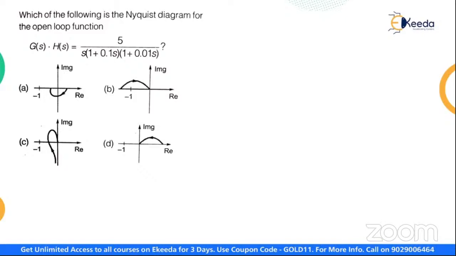That is what they are asking. Now, what is the transfer function given? G of s into H of s equal to 5 upon s into (1 plus 0.1 s) into (1 plus 0.01 s), correct or not?